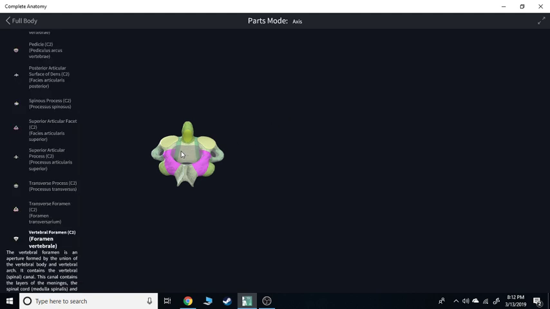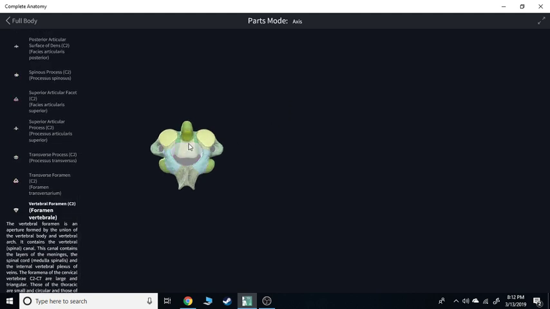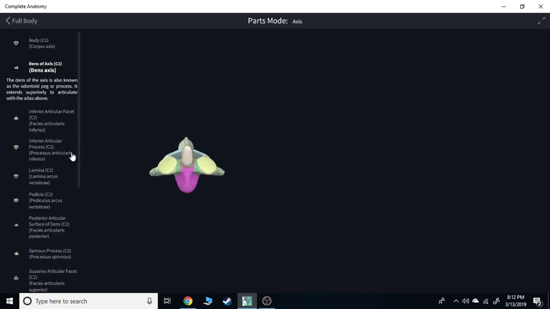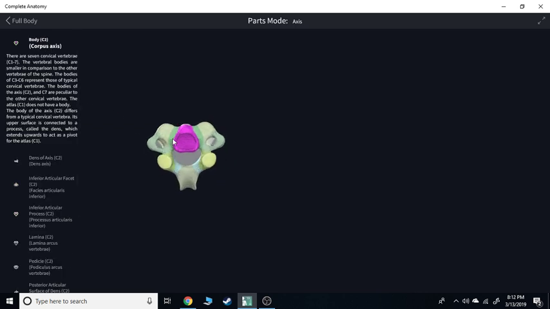Then we can see that the body of the vertebrae creates the anterior portion.